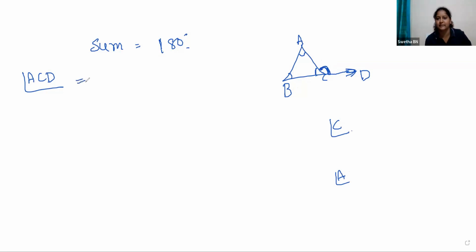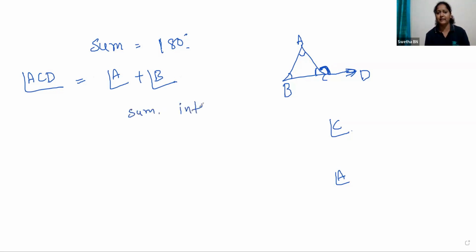So angle ACD, the exterior angle, is equal to the sum of which two angles? Do you remember? Ma'am, it is the sum of A and B. Very good. The exterior angle is equal to the sum of the interior opposite angles.